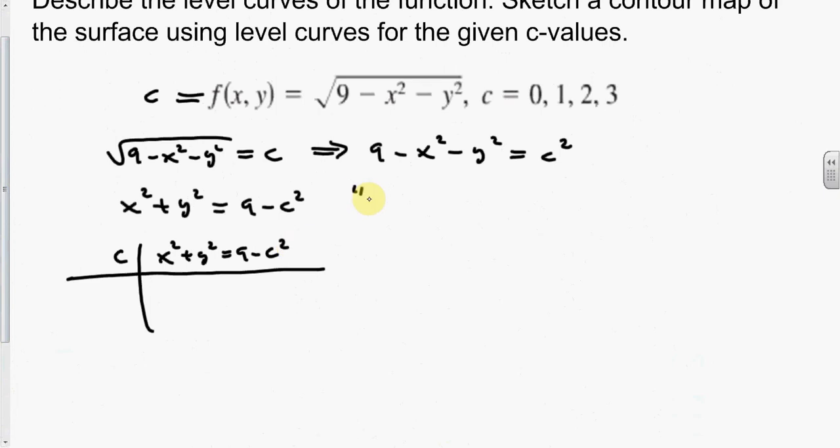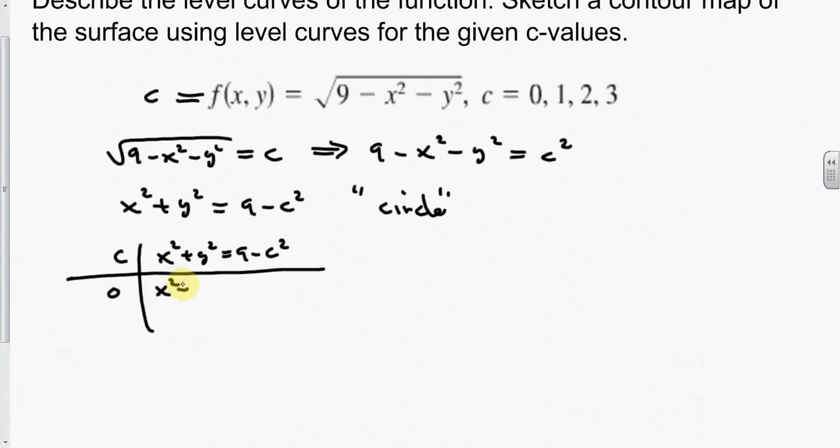Oh, by the way, what is this? x squared plus y squared equal to a number. Circle. So c is 0.